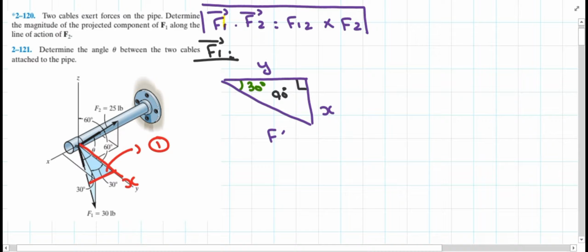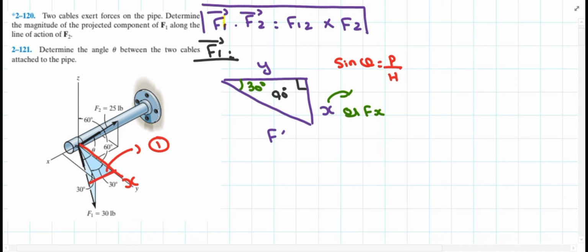So again, same as always, apply the sine theta and cos theta functions here. We know that sine theta is equal to perpendicular upon hypotenuse. The opposite side of theta is the perpendicular, and in this case it is the x, or you can say the Fx. The opposite side of the 90 degrees is the hypotenuse, and in this case it is our F prime.